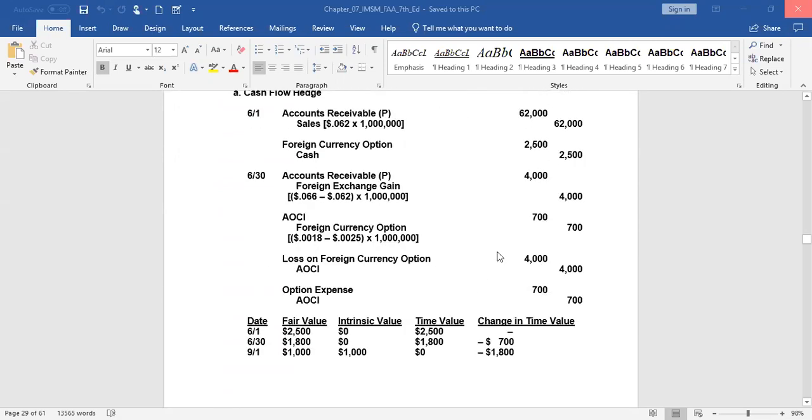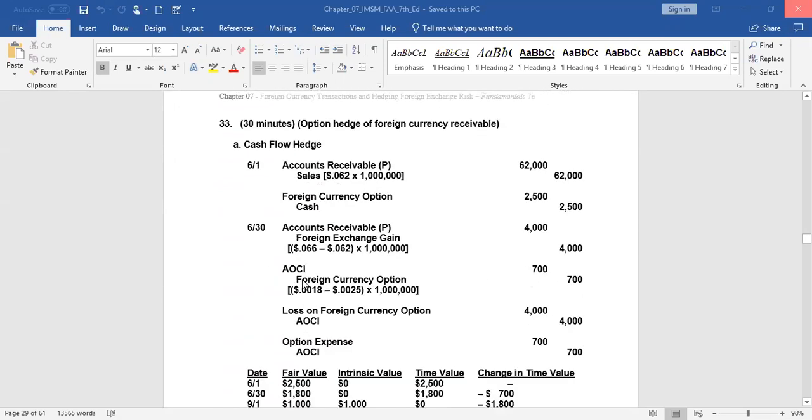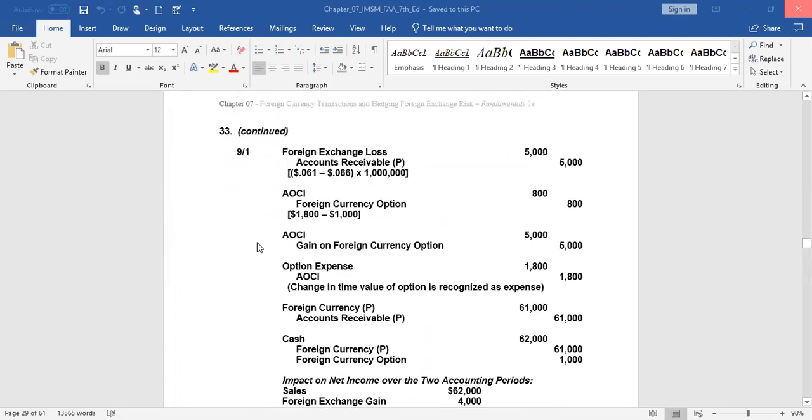Let's take a look at the effect on the AOCI account. If you made a T account for AOCI, you have a debit of $700 on June 30th. You have a credit of $4,000 and a credit of $700. Coming down, on 9/1, you have a debit of $800, a debit of $5,000, and a credit of $1,800.